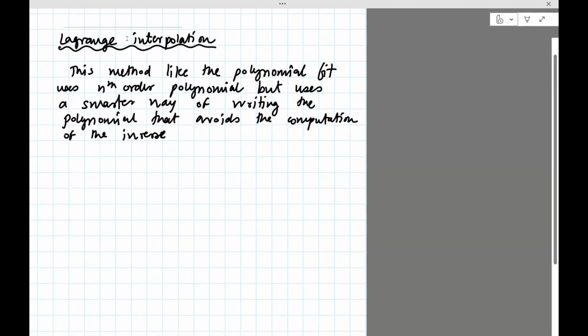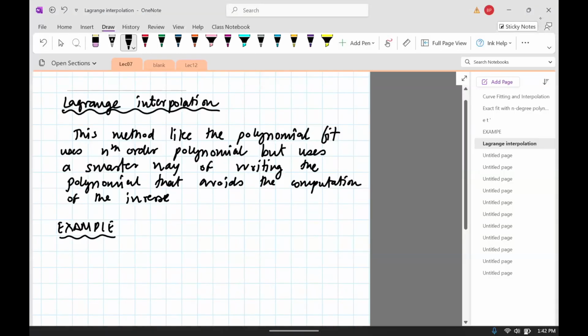Okay, so I think the best way to illustrate this is to actually solve the problem. So we just take the same example and we'll solve it using this method.